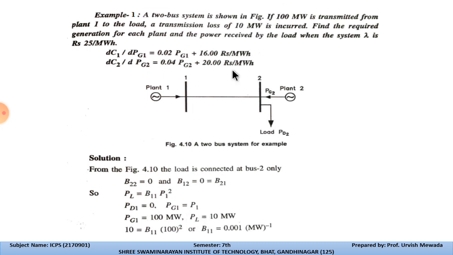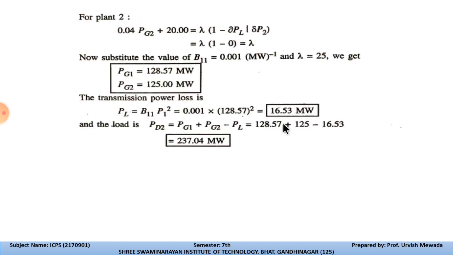PL, the transmission loss incurred, is given as 10 megawatt. Therefore PL is equal to B11 P1 square, so 10 is equal to B11 into 100 square, so B11 is equal to 0.01 megawatt inverse. This is the value of B11 from the given data.